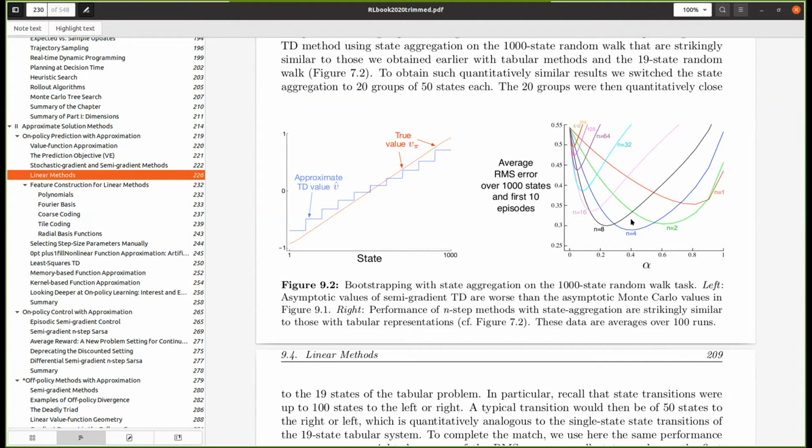So that's kind of interesting, right? These curves are very similar to what we saw earlier in the book, and those similar curves were produced for, I believe, a 20 state problem or something like that.